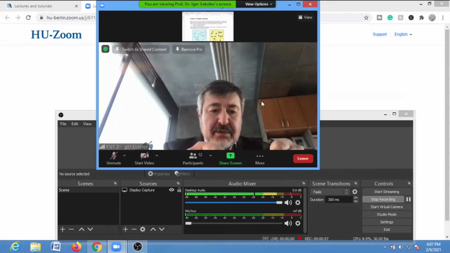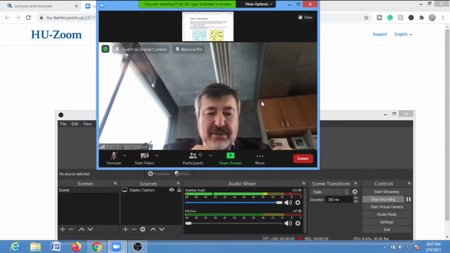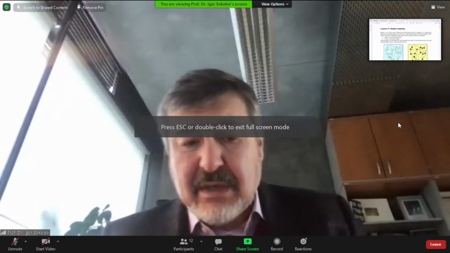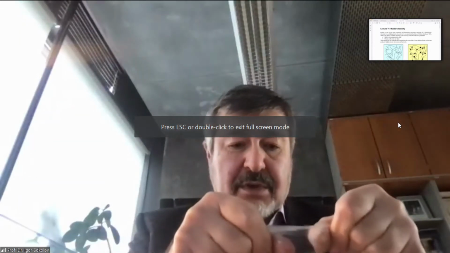And if you pull, if you do this experiment, you see that the first thing which happens with this bag, if you look between your fingers, is that it's getting transparent or more transparent.